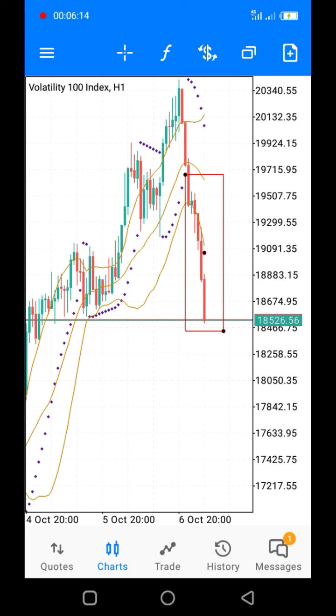You trade on whichever is suitable for you. So in this particular clip, we'll be using 1 hour time frame and 5 minutes time frame.